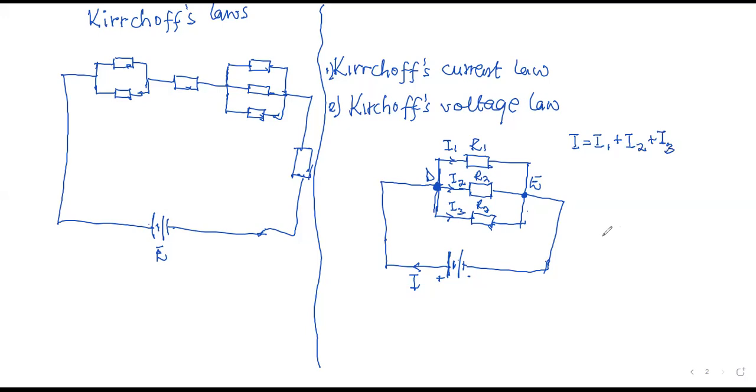This is Kirchhoff's current law. The condition for application of Kirchhoff's current law is that there must be a junction. If there is no junction, you cannot apply Kirchhoff's current law. Class, are we okay? Yes.